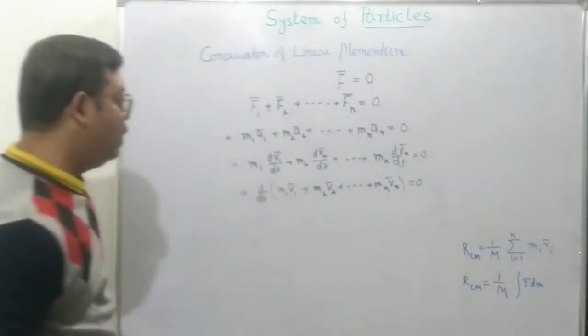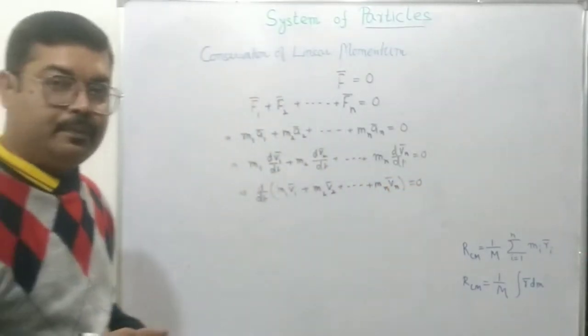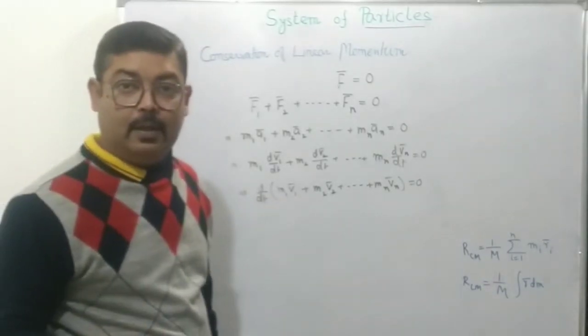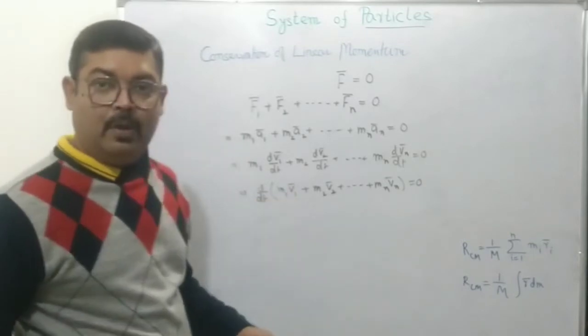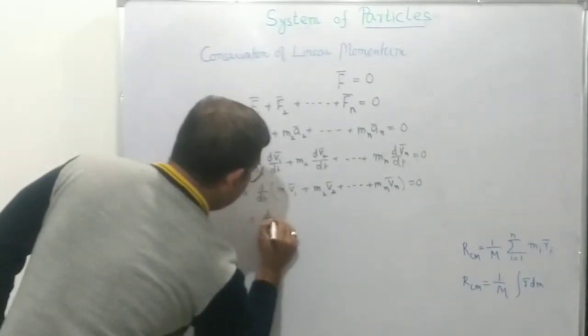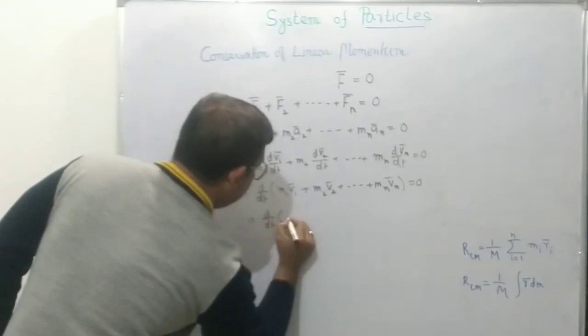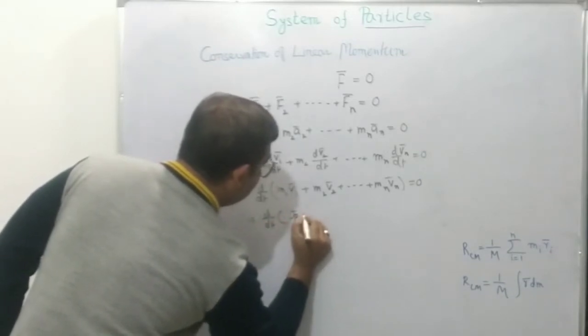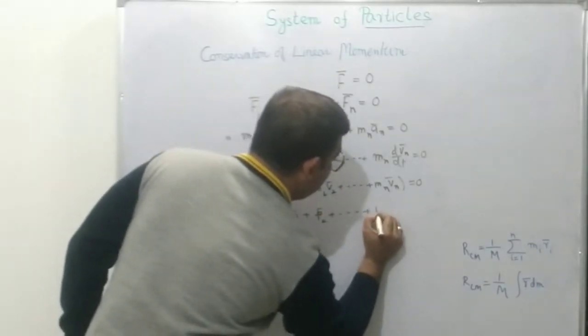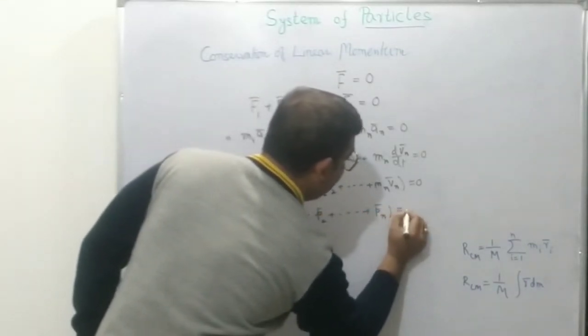This must be equal to 0. But m1 v1 will be the momentum of the first particle. By definition, momentum is mass into velocity, so d by dt of p1 plus p2 till pn will be 0.